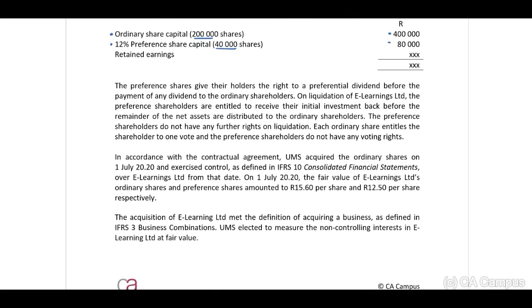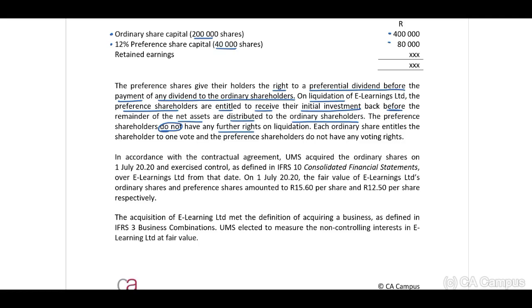The preference shares give the holders the right to a preferential dividend before the payment of any dividend to the ordinary shareholders. On liquidation of e-learnings limited, the preference shareholders are entitled to receive their initial investment back before the remainder of the net assets are distributed to the ordinary shareholders. The preference shareholders do not have any further rights on liquidation.